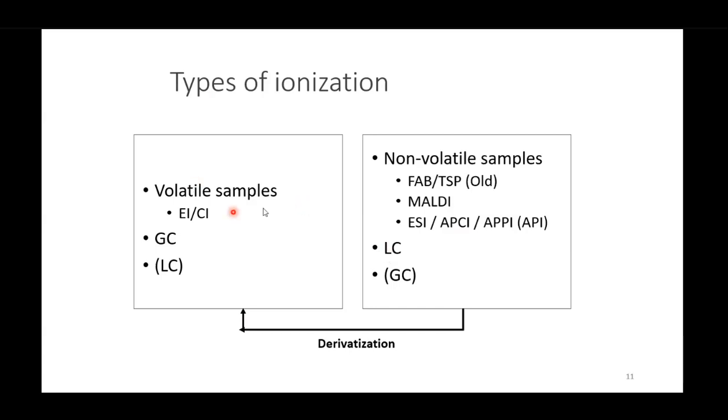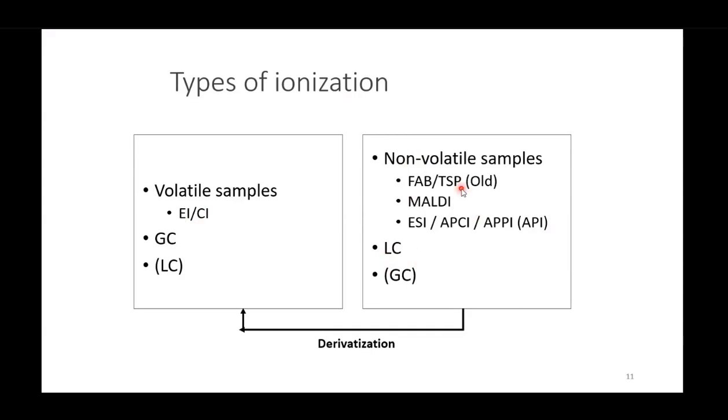When we have volatile samples, which are generally analyzed by GC, we have two methods of ionization called EI and CI. For non-volatile and thermally labile samples, we generally use LC, and we have several methods.